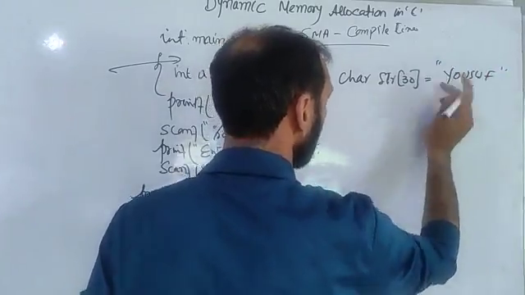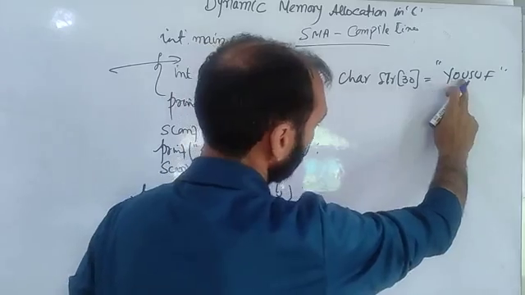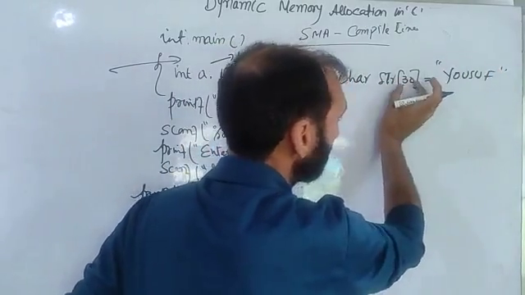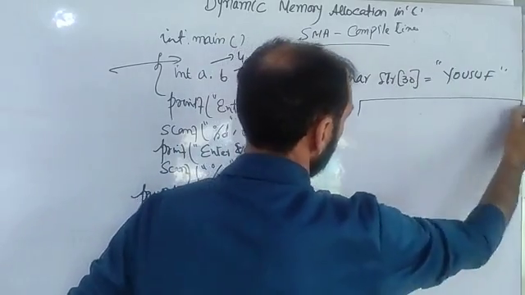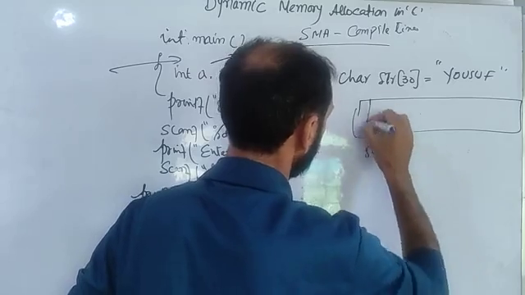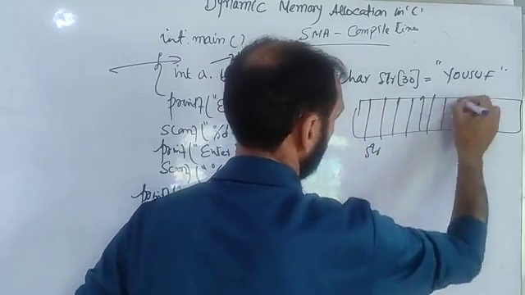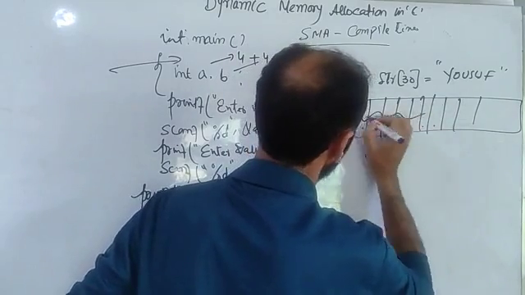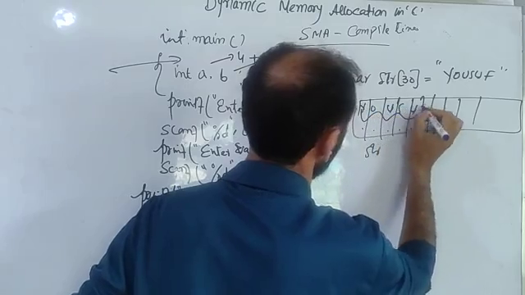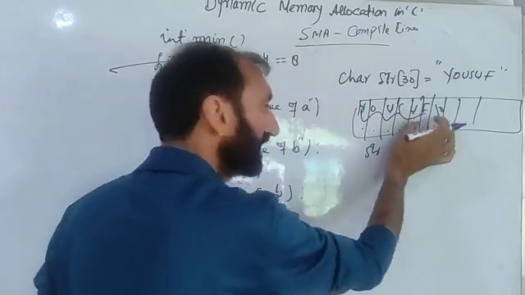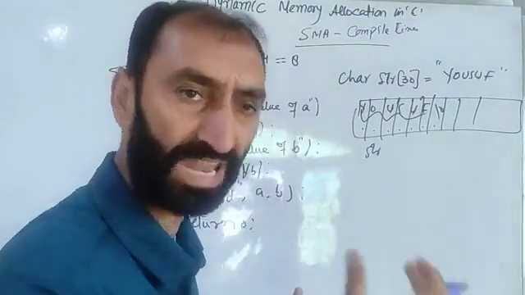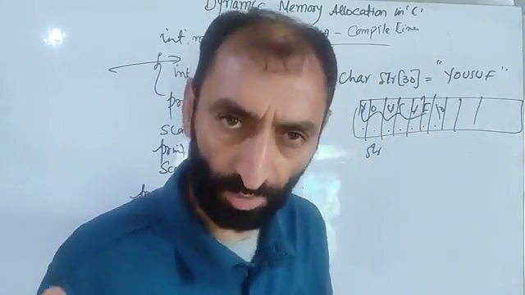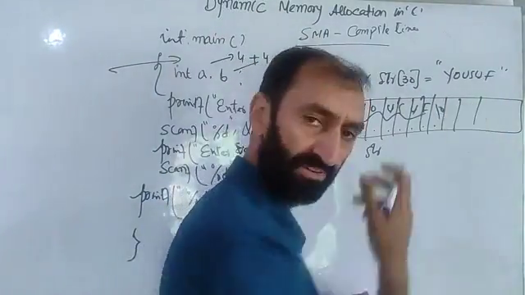We know that it is 1, 2, 3, 4, 5, 6 and 7. Only 7 bytes of memory will get utilized. For example, this string and these are the 30 size. Only these 7 bytes, Y, O, U, S, U, F and \0, will get utilized, and the rest of the memory, 30 minus 7, that means 23 bytes of memory, will get wasted.